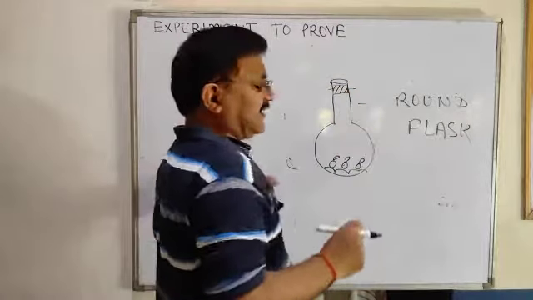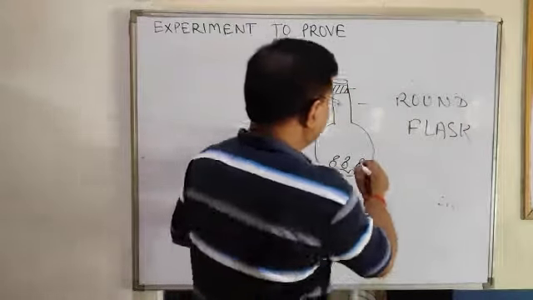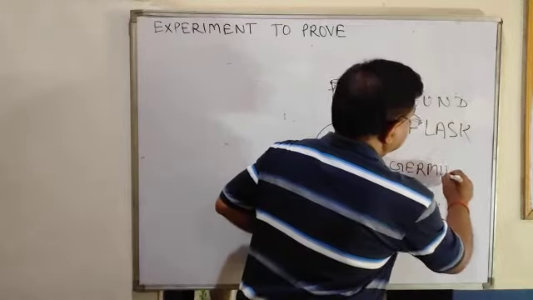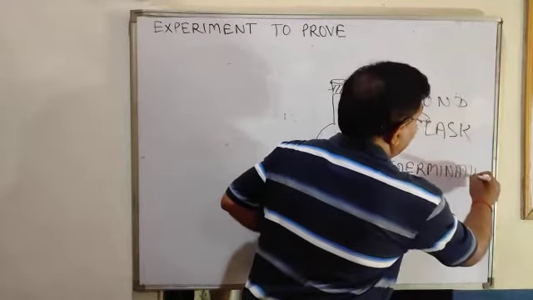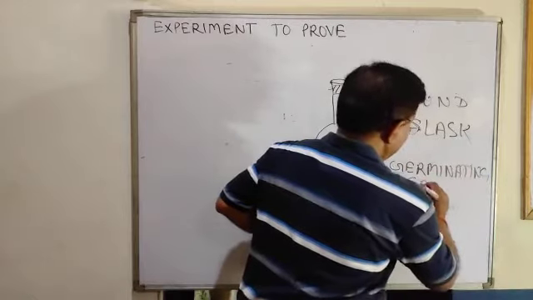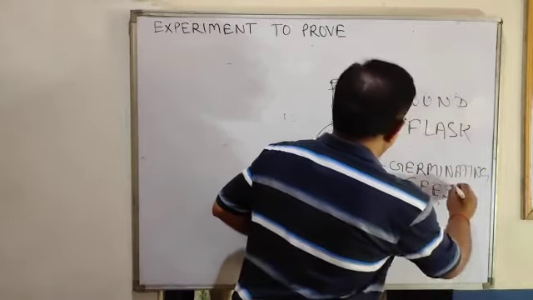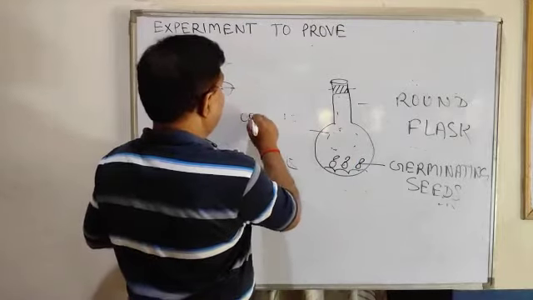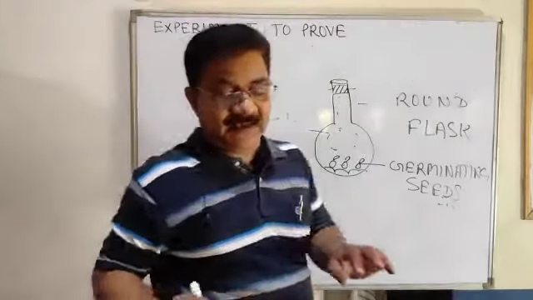Leave it for some time. These germinating seeds will respire. They will release carbon dioxide, and in this round flask, more amount of carbon dioxide will be there.